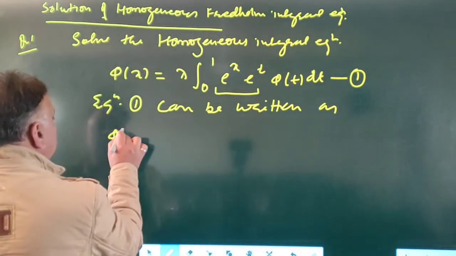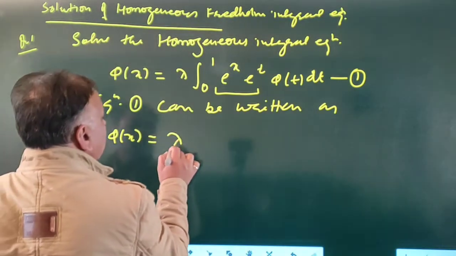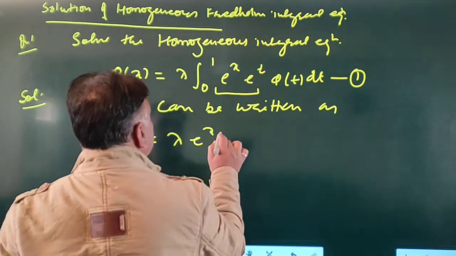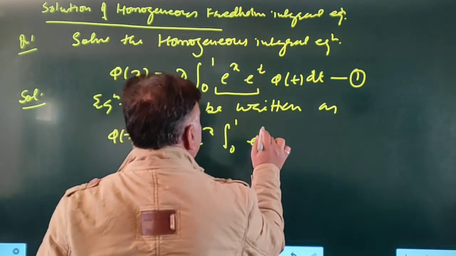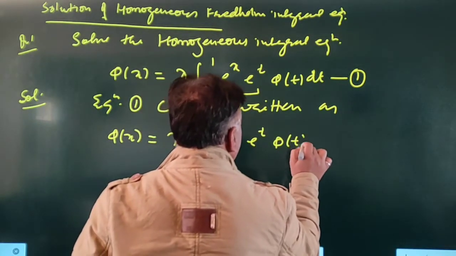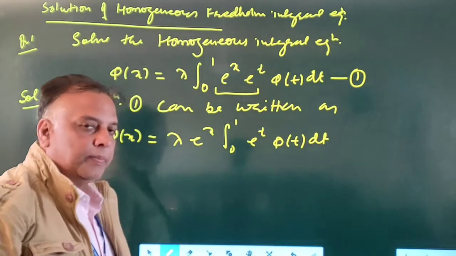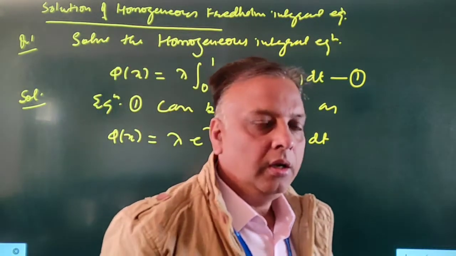phi x is equals to lambda e raised to x integral 0 to 1 e raised to t phi t dt. We can separate the kernel.